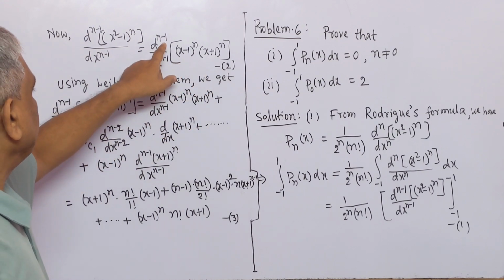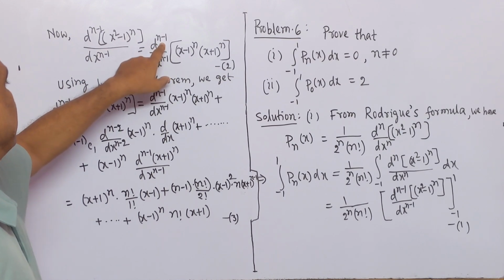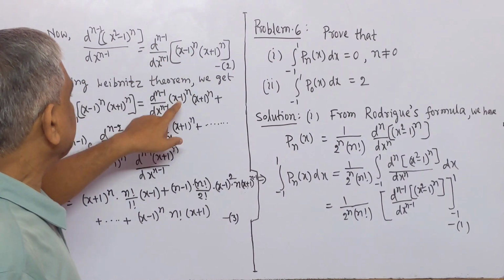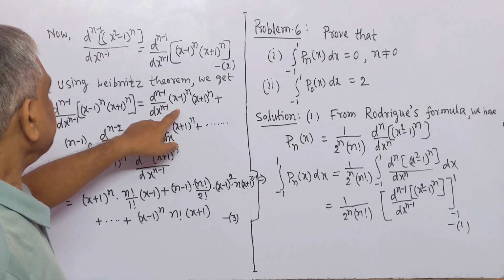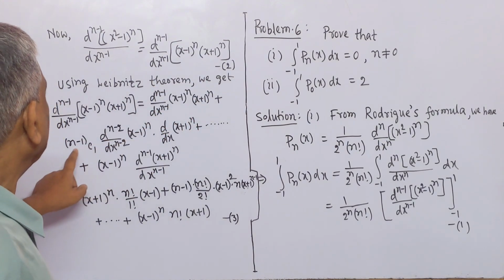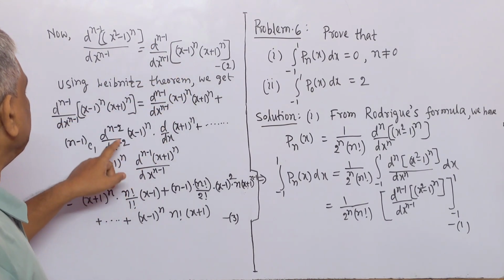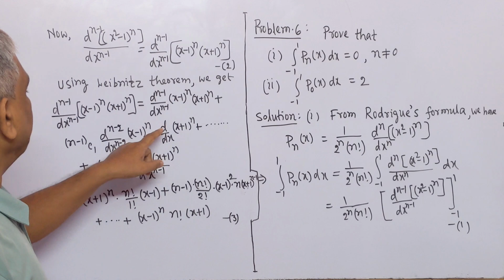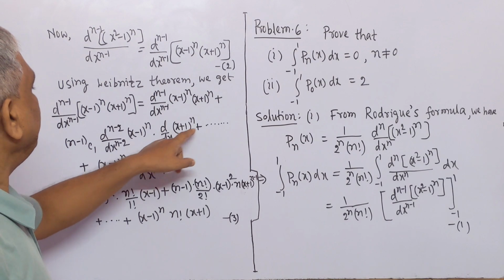We are differentiating n minus 1 times. So first function will be differentiated n minus 1 times and second function remains same, plus (n minus 1)C1: first function will be differentiated up to n minus 2 order and second function will be differentiated once, and plus dot dot dot.